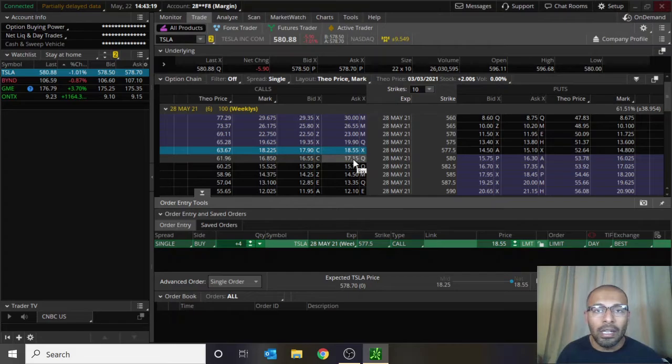I don't swing trade it. I day trade it. Sometimes I'll swing it overnight, like I'll buy it just before market close if I believe the stock is going to continue to push up. And then at market open, I can sell it right away. And you make pretty good profit, depending on the amount of lots or options that you take.